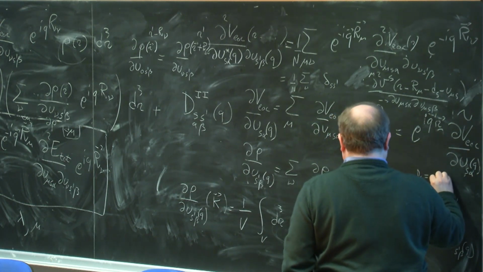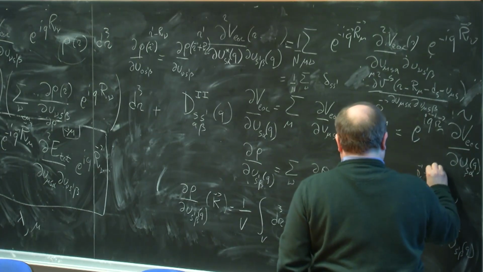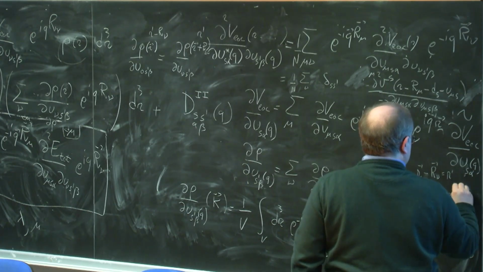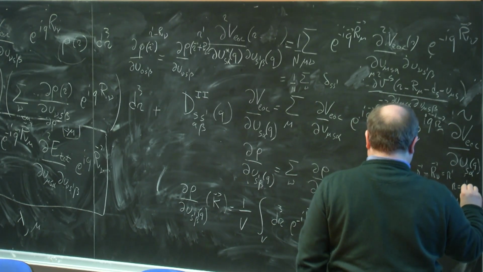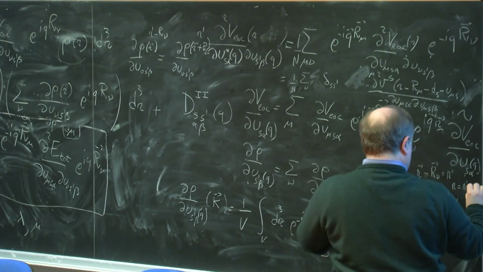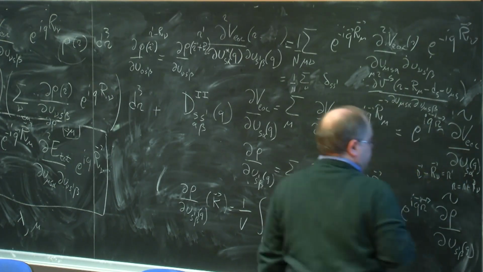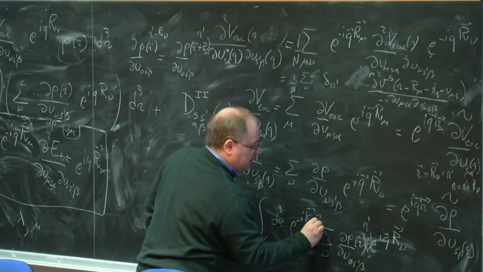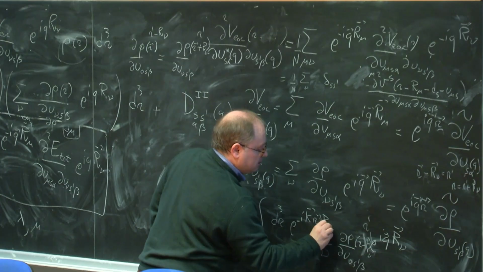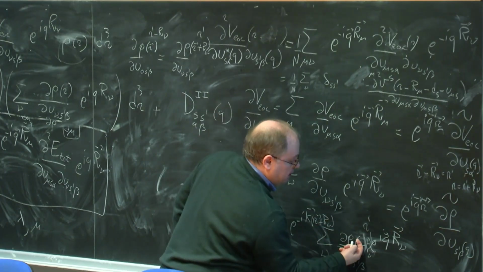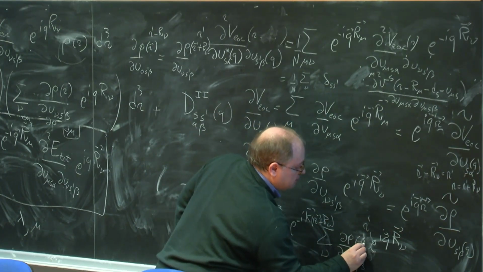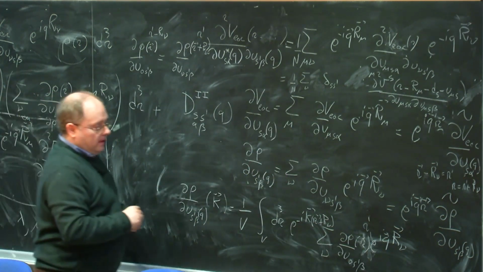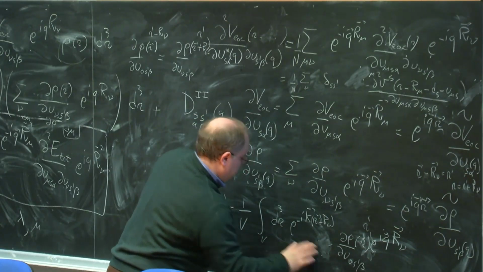So r minus r nu will be equal to r prime, which means that r is equal to r prime plus r nu. So I can put here r plus r nu, and here r. I have to put the sum over nu in front.